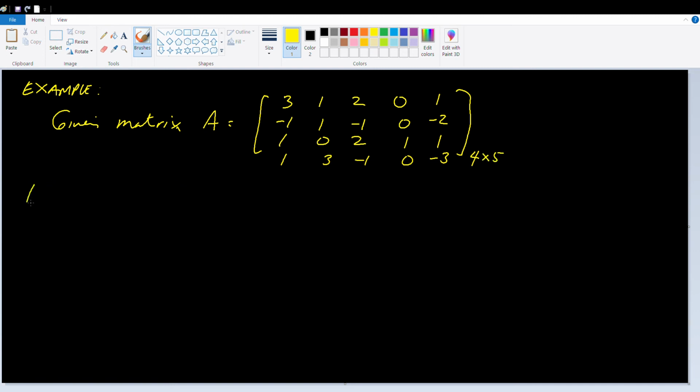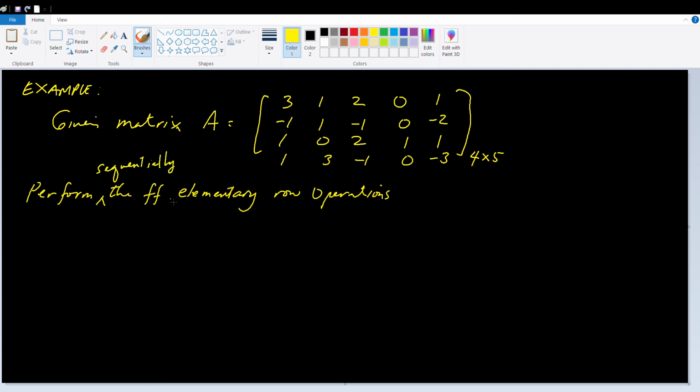We perform the following elementary row operations. Let me insert here sequentially.